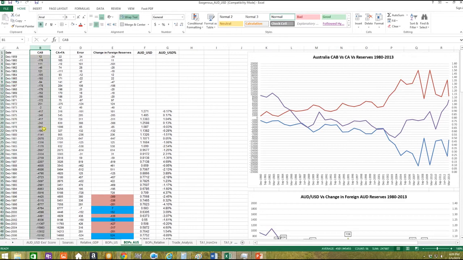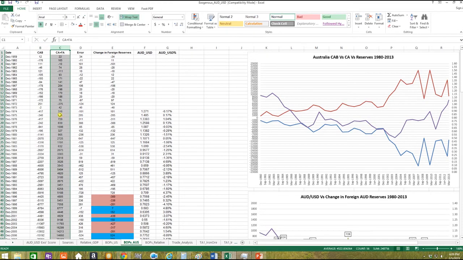In column B, we have the current account balance for Australia. In column C, we have the capital account, so the capital account in a wider definition, capital account plus financial account. So we have that balance, and we have the error.